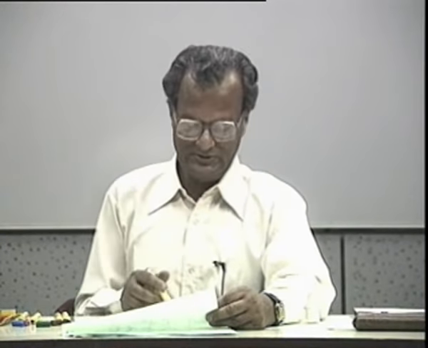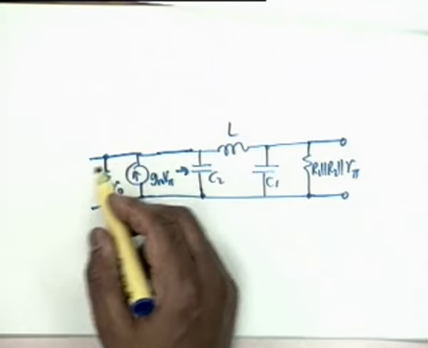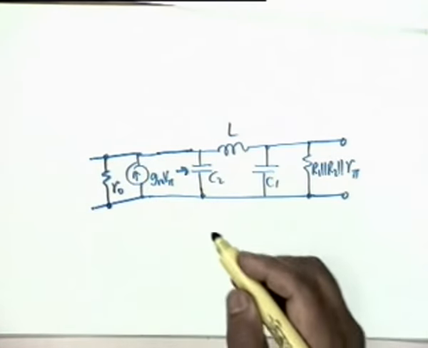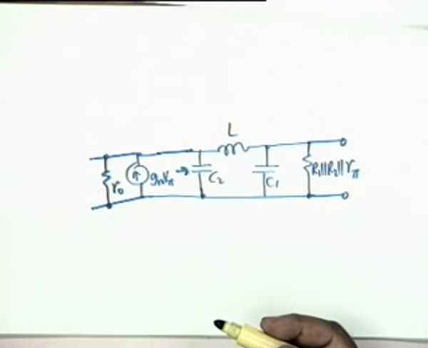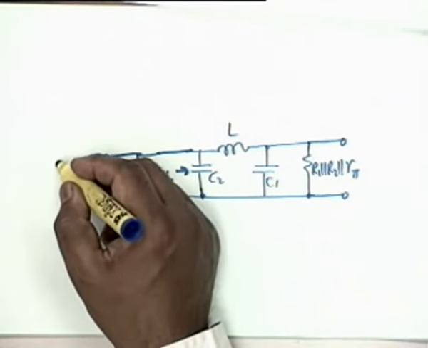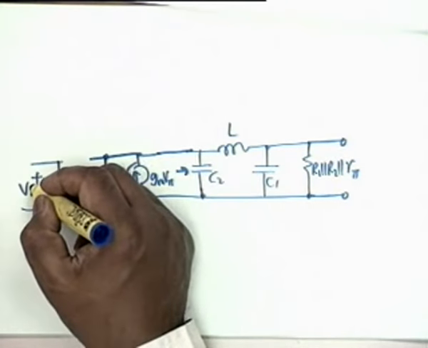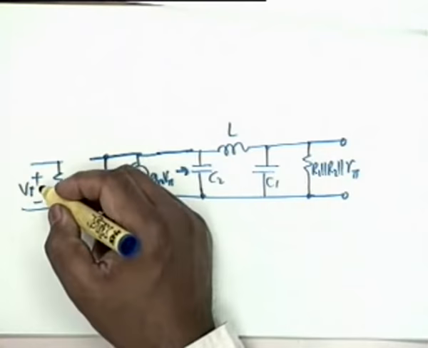The gain requirement is simply C1 by C2, it is not affected by R0. All right, then you have gm V pi and this is Vi, this is R pi, this is V pi.